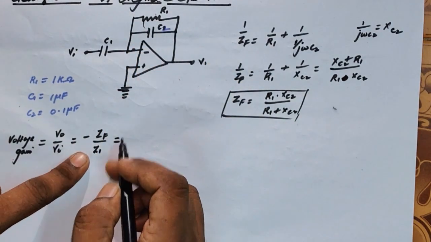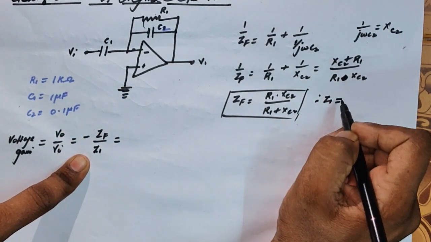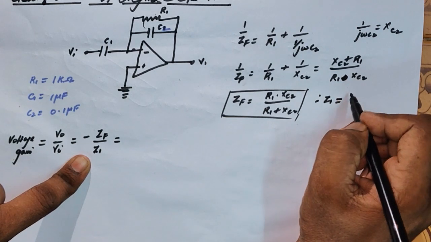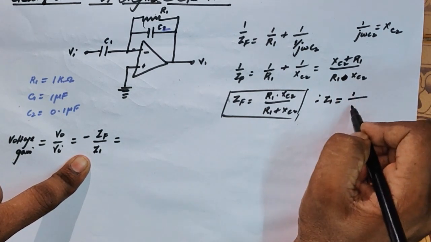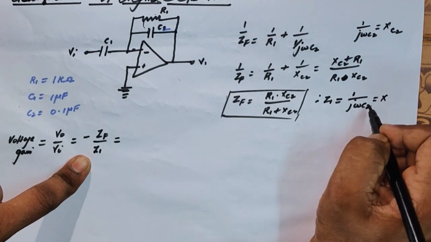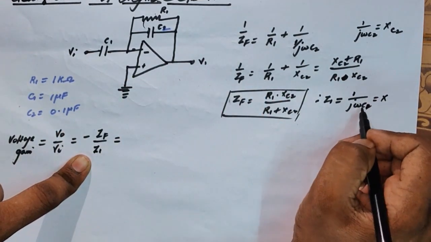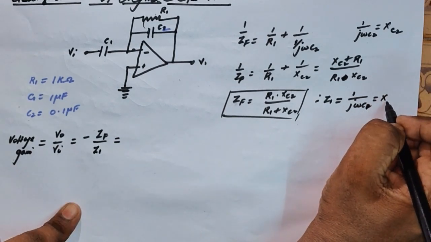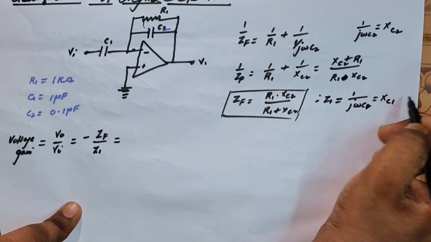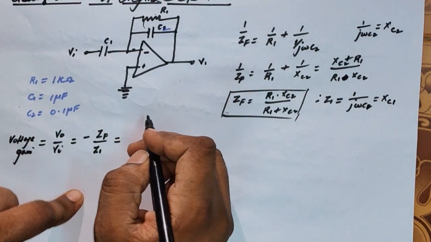So the input impedance, that we can call Z1, would be equal to 1 divided by j omega C1, or in general you can call it XC1, since here the capacitor is C1. So now you can substitute here.